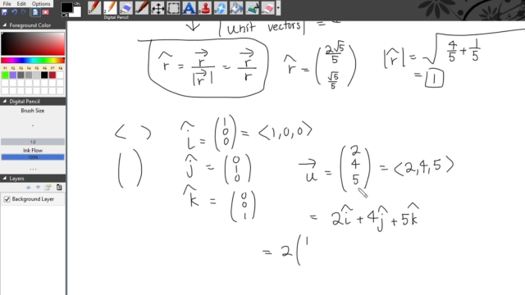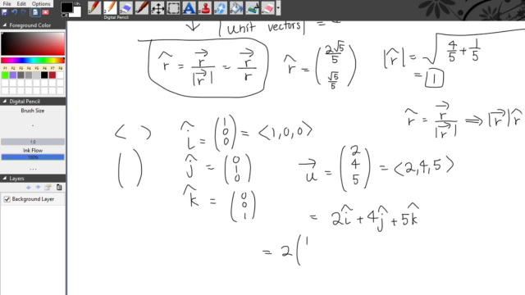Basically, the purpose of a unit vector is to convert a scalar into a vector. For instance, as I said here, r hat is equal to the vector r over the magnitude of r. But let's say we wanted to convert the magnitude to a vector, then we would just multiply it by the unit vector. So the magnitude times r hat is equal to r.